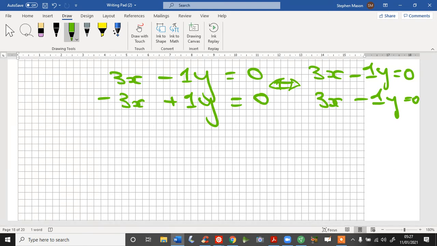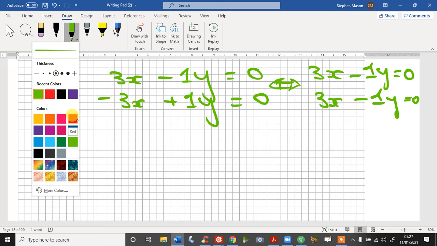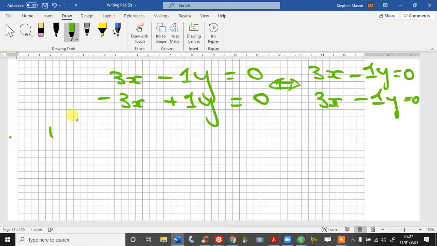So what values of x can we have? Let me just write this down.